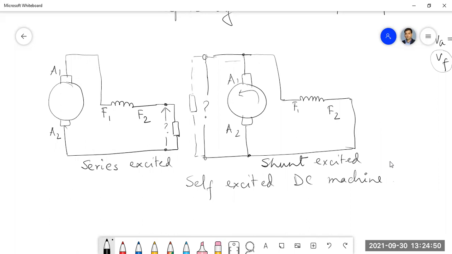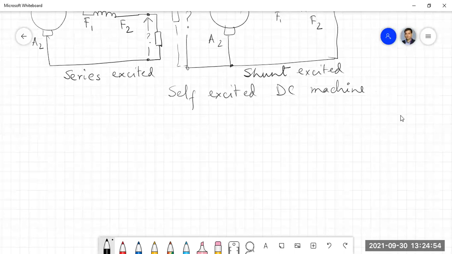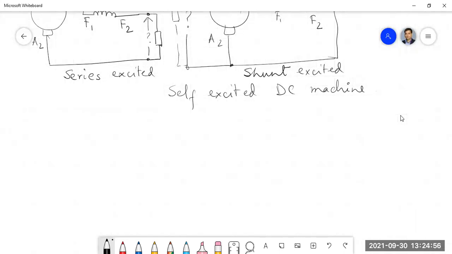Understood? Now some machines have two field coils. Like in some terminal box, you will have 6 terminals: A1, A2, F1, F2, and S1 and S2.